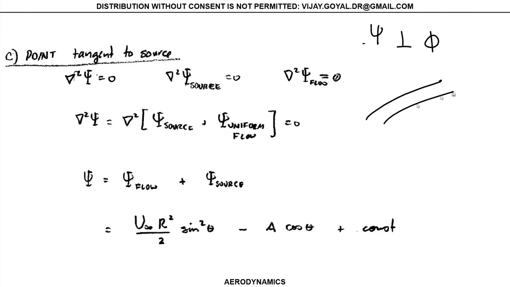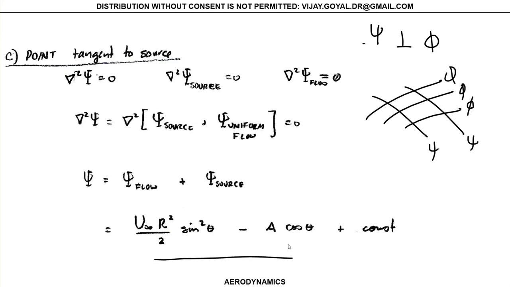If you remember, we had your potential like this, right? And then you had your psi in this direction. Okay, so that's just basically how we derive this. So if I want the tangent to the point of my source, then I can do the same thing, and I find that this is equal to this. Okay, so now at the stagnation point, again, at stagnation, theta is equal to pi.